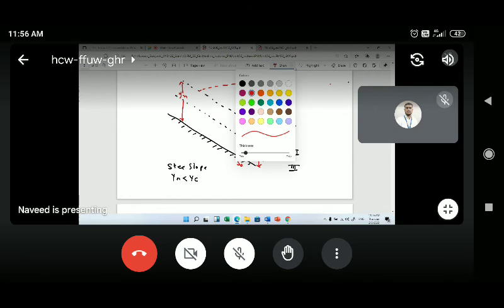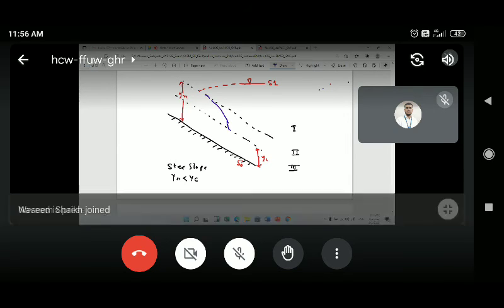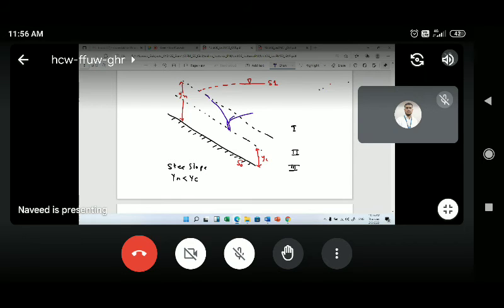Similarly, S2 curve will be like this, start tangentially to that, and it will meet at the critical section. So this one is the S2 curve. Y is somewhere here, and then S3 curve.